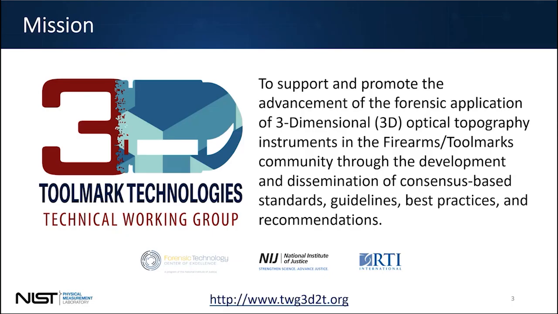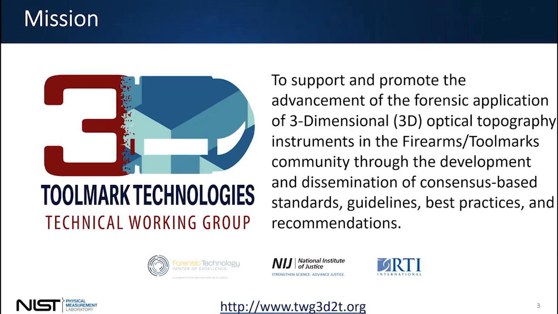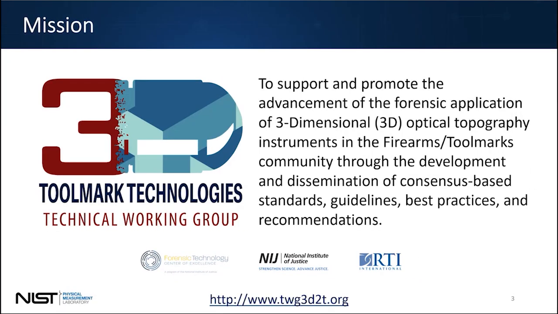And again, we want to write consensus-based standards, guidelines, and best practices, and even just recommendations. So this group actually follows the same procedures like any other SDO out there. We draft a standard, it gets voted out of our TWIG, goes for public comments, comes back, we adjudicate those comments, and then anyone who commented has a chance to appeal.